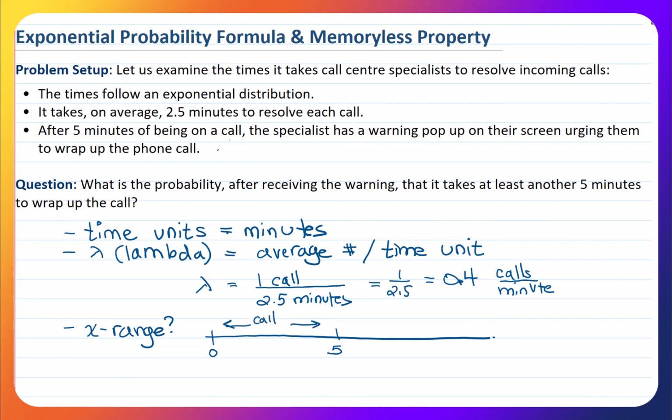They're on this call, and then right here, they receive that warning at the 5 minute mark. Now, the question is actually asking, after receiving that warning, what are the odds that the call lasts at least another 5 minutes? So it keeps going 10 minutes or more, perhaps.